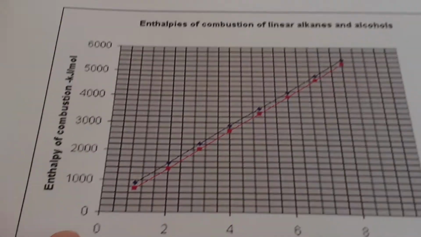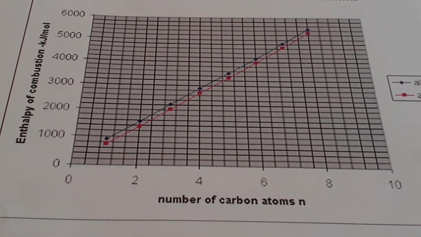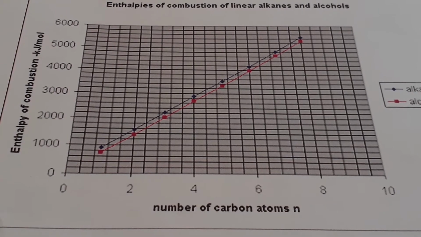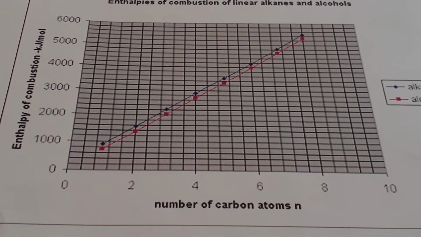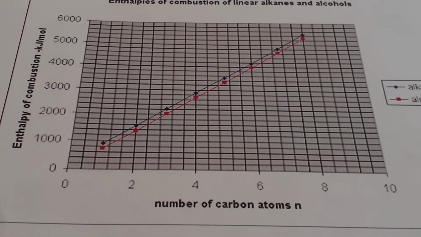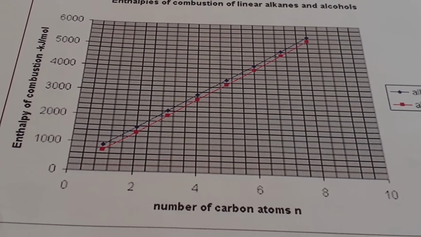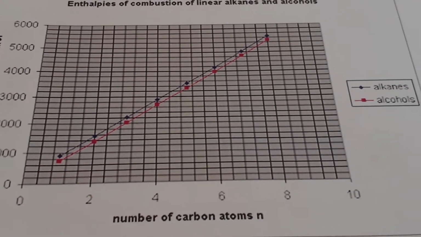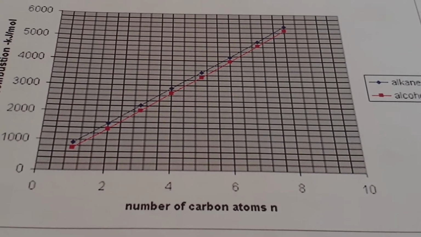Now, if we look at other properties, if we burn alkanes, all of them will form carbon dioxide and water when they're burnt with sufficient oxygen. Here, what we've got is the enthalpy of combustion, and I've got them for alkanes, which are the blue line, and the alcohols, which are the red line.